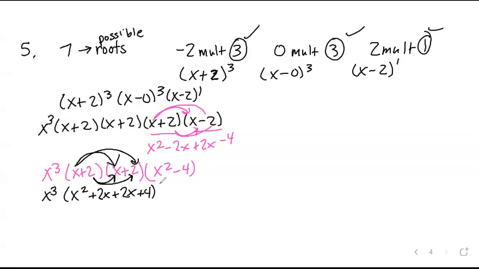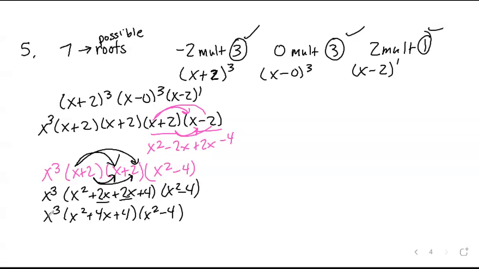So I multiplied those. The two x's will go together, so I can get x squared plus 4x plus 4, times x squared minus 4.